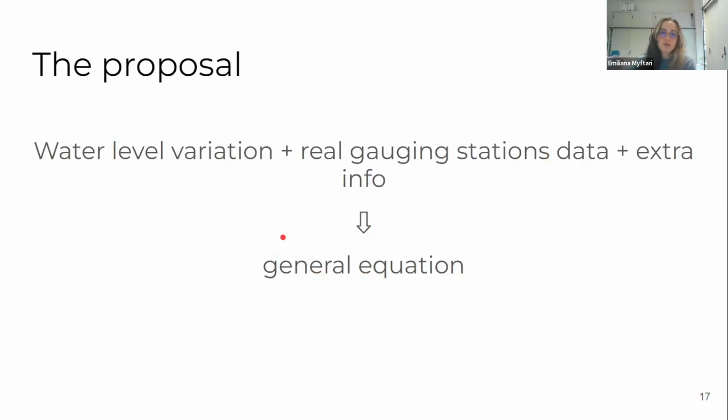So what we want to do now is create a general equation, learning the parameters of this equation using real gauging data and some extra information, so that we can use this general equation with the parameters in stations where we have only the water level variation from CrowdWater.